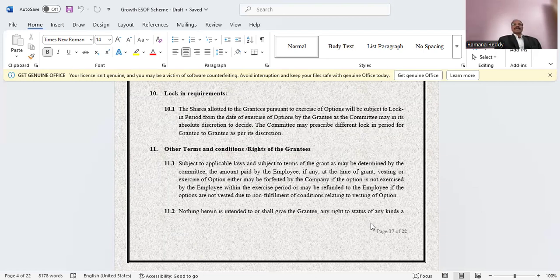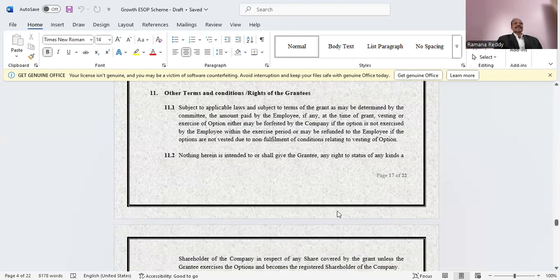He will not get any vote, but he has a right that, like the other shareholders, the notice letters and annual accounts will be supplied to the grantee. He will not have voting rights, but after issuing the grant letter, from that day onwards, the meeting notices and annual accounts will be supplied to the grantee.